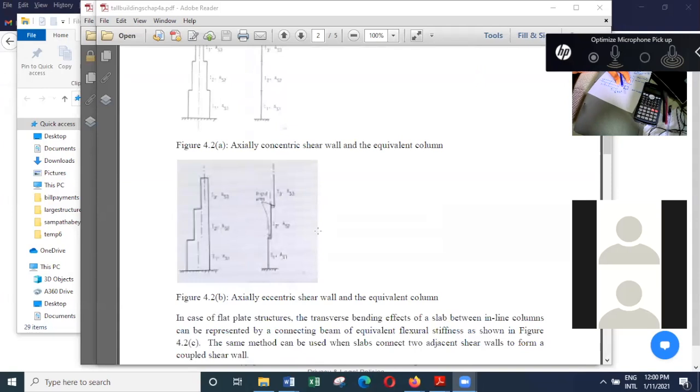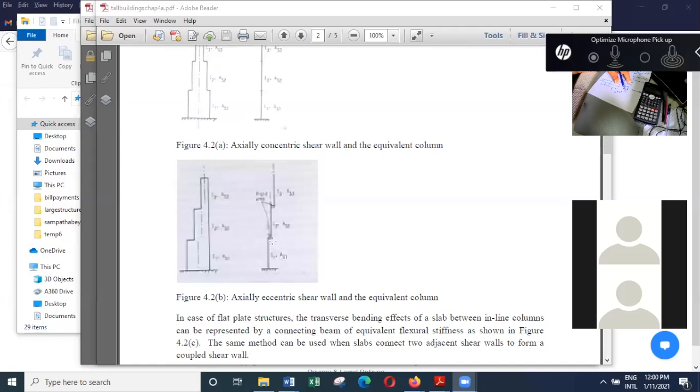And also sometimes you get shear walls like this. In such situations, here the centroid of the axis is changing. Sometimes you ignore it, but if you want to take that into account, then what you need is something called a rigid arm here.